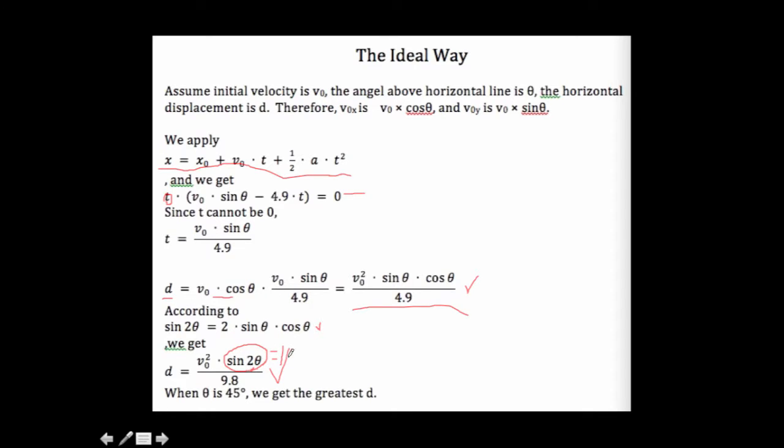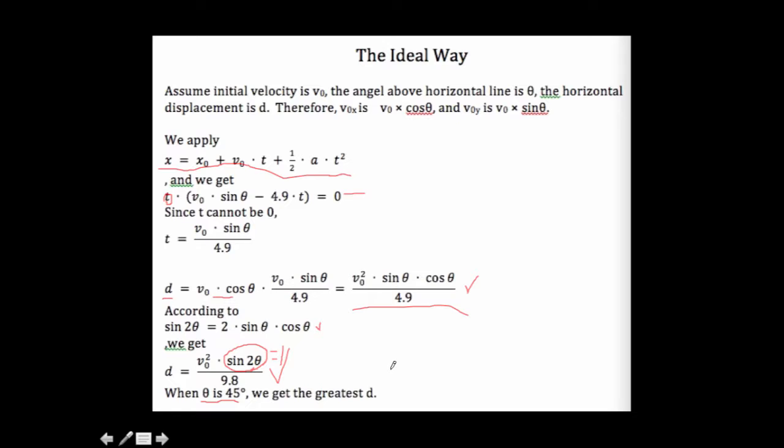That means when theta equals 45 degrees, we can get the greatest distance. For example, if you drive a car and the car flies across a certain distance, if we set the angle to 45 degrees, it can move the greatest distance. Okay, so we know that here is 45.